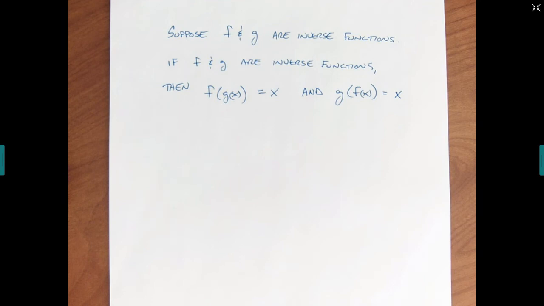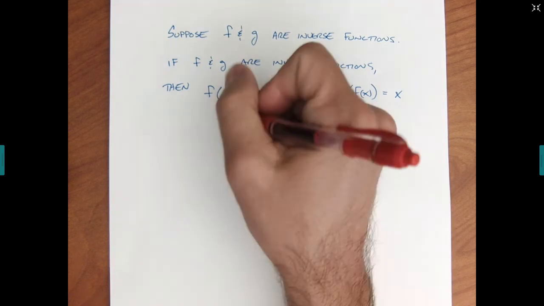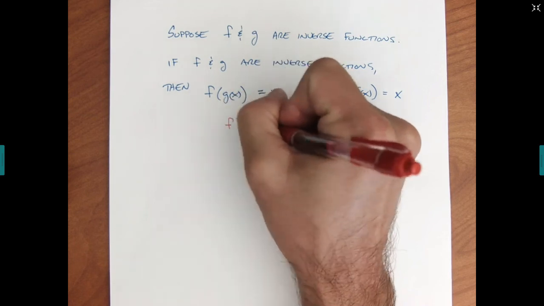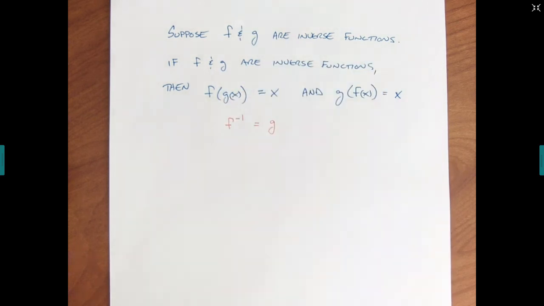Now, we might use notation to talk about an inverse function, such as this right here. Let's use this notation for the inverse. So g is the inverse of f. I could use that one, for example.